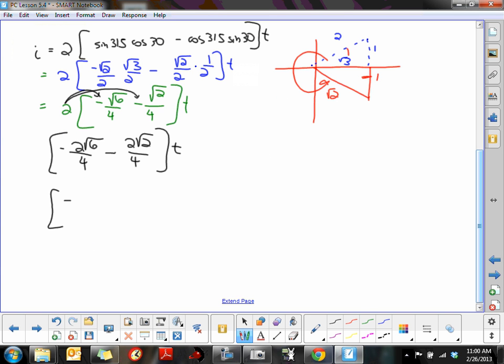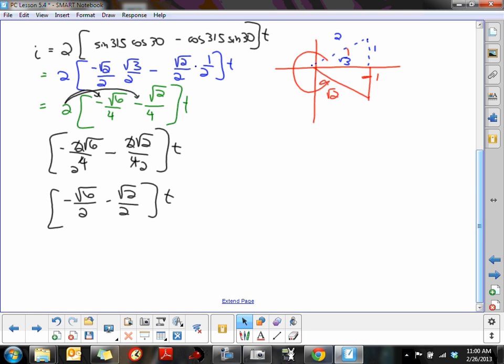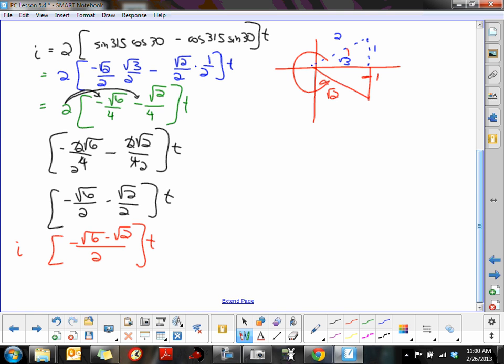The 2 will go into 4 twice on the bottom, so it'll be a negative square root of 6 over 2, minus the square root of 2 over 2, times time. And if one would desire, you could rewrite this as a negative square root of 6 minus the square root of 2, all over 2, times your time. Okay, so that is what I is equivalent to if we use our sine of a difference identity.